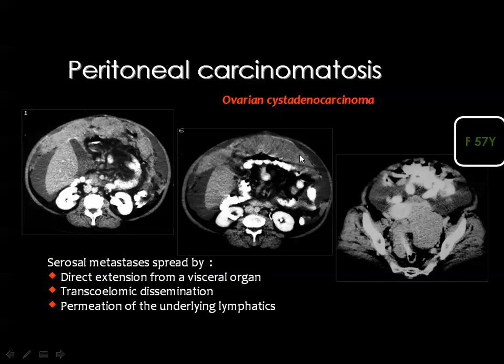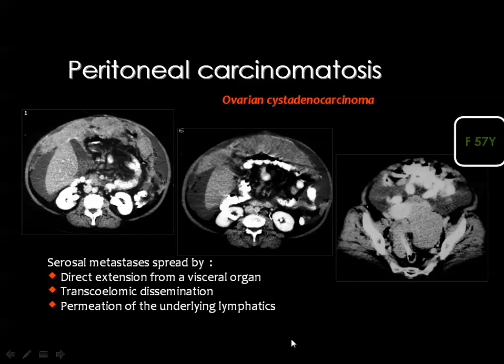There is no air or oral contrast media inside these lesions. And many times you can see the omental cake and you cannot see the primary malignancy, which may be outside the abdomen, like lesions from the breast, for example, which may produce such metastatic disease.